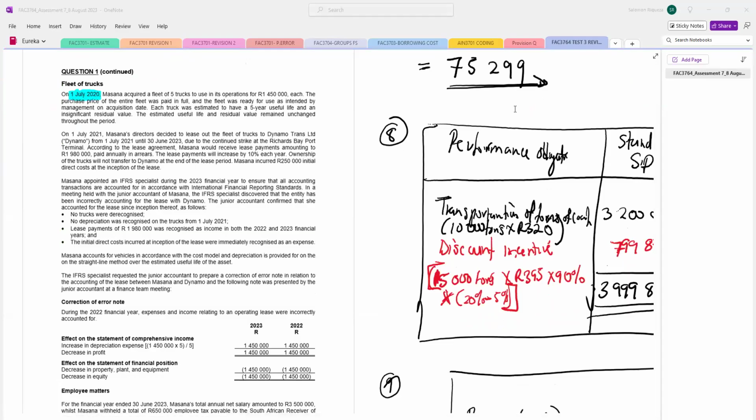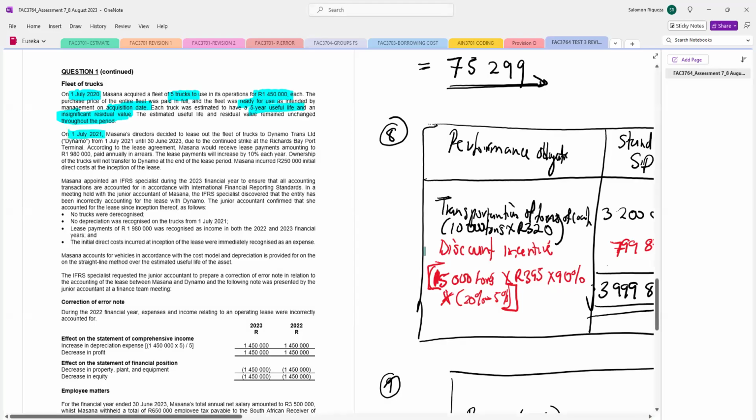Okay, it is. Right. On 1 July 2020, Masana acquired a fleet of 5 trucks to use in its operations for 1,450,000 each. The purchase price of the entire fleet was paid in full, and the fleet was ready for use as intended by management on acquisition date. Each truck was estimated to have a 5-year useful life and an insignificant residual value. The estimated useful life and the residual value remained unchanged throughout the period.